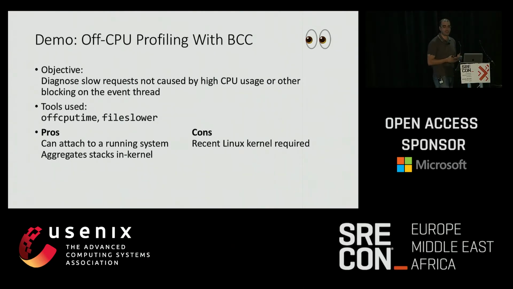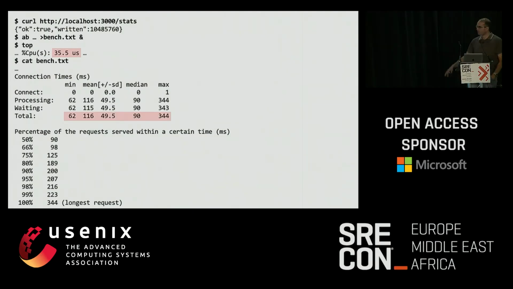And we have a tool for that in BCC, which is called offcputime. It's designed to track off-CPU time and give you call stacks of where you're getting kicked off the CPU. So here's what it would look like. This is just an example of running a benchmark. I have a particular endpoint on my Node application. This is the endpoint. The code is up on GitHub, so if you want to experiment with this later, you can.